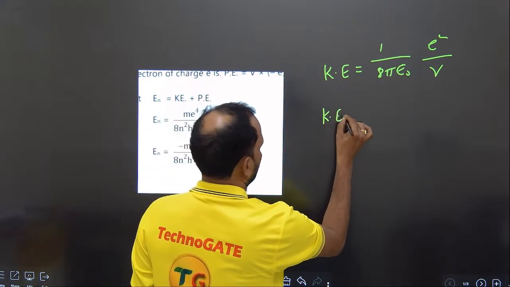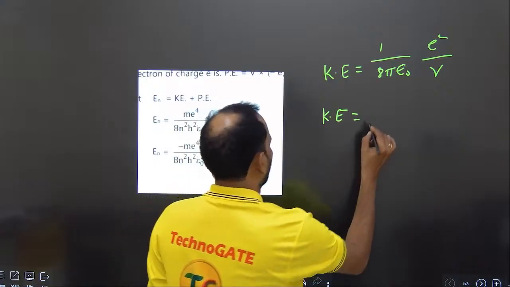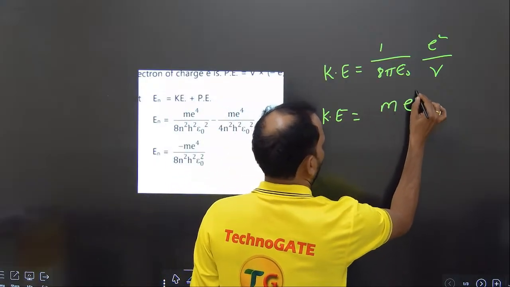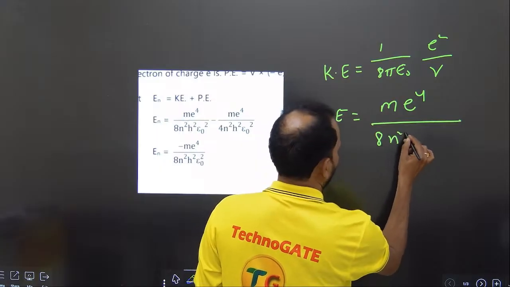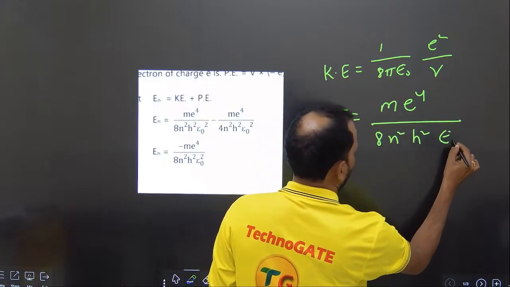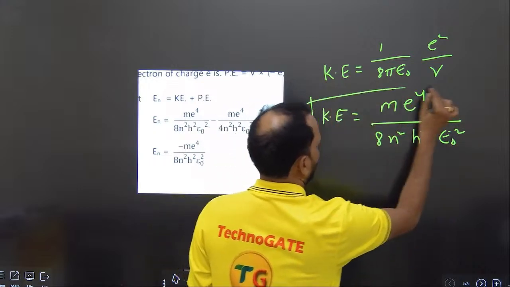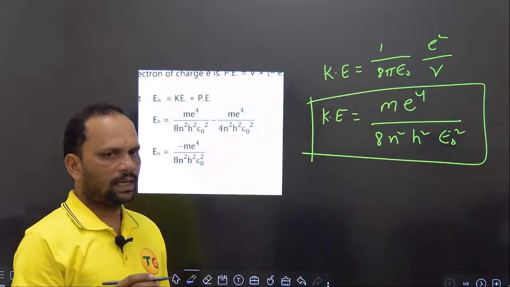Kinetic energy is equal to m e power 4 by 8 n square h square epsilon naught square. So this is another formula of the kinetic energy.